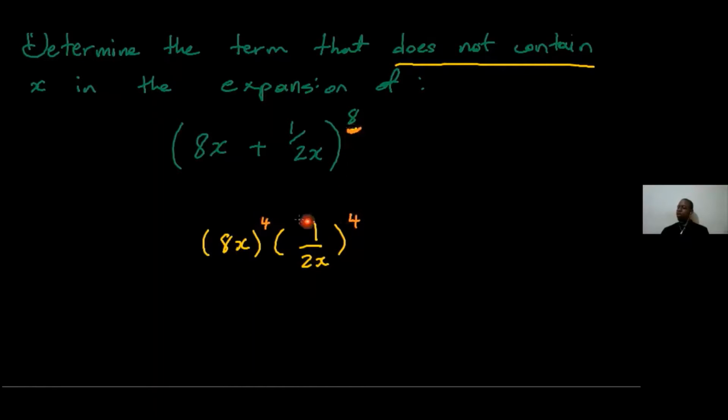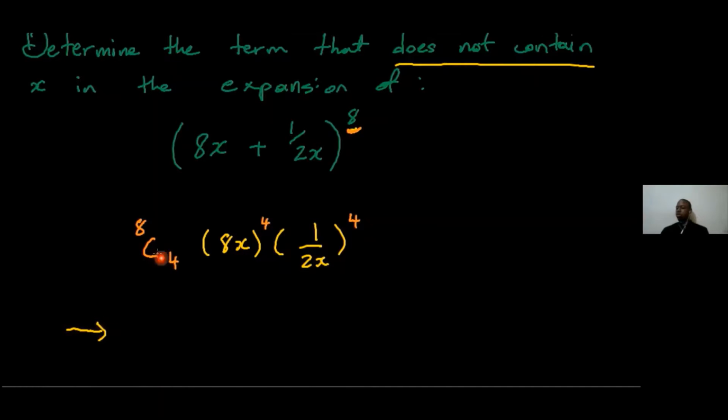And the only two numbers that are the same that add to 8 are 4 and 4. So that's the first part. Now we just need to get the coefficient, and again, it's going to be 8 choose, and this number should be the same as this number. So that's going to be 4. And that's as easy as it is.